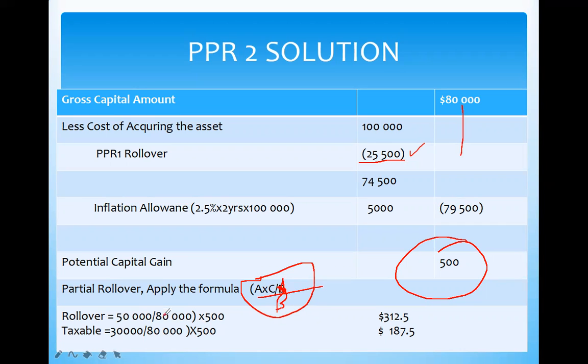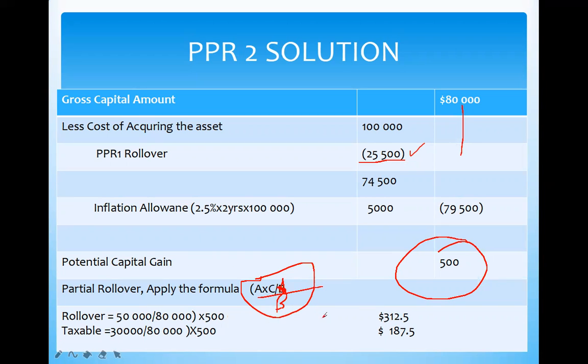So how do you determine now the amount that is rolled over? We are saying the component that is rolled over in this case, the 50,000 that was used to acquire the PPR number 3 over the gross capital amount that was realized, we multiply by 500.